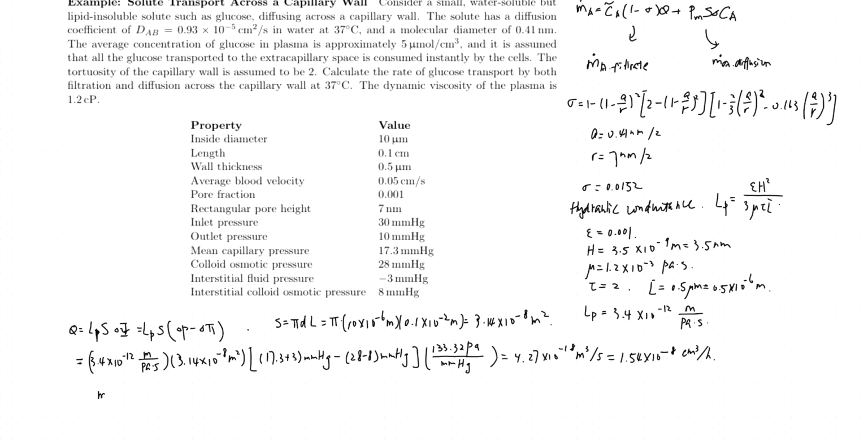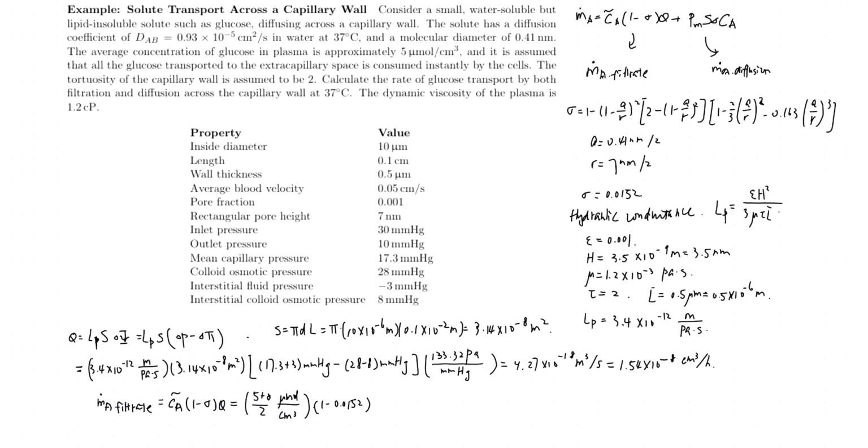So let's get NA filtered, which is CA delta times 1 minus sigma times Q. CA delta is the average, so we have 5 plus 0 divided by 2 micromole per centimeter cube. 1 minus sigma is 1 minus 0.0152. That's sigma. Let's verify it. What is our sigma?